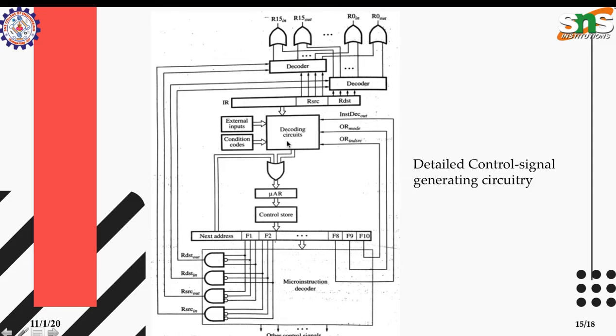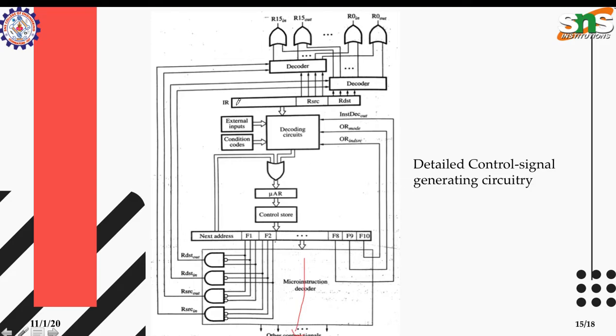Okay, and initially the address is given by the instruction register, and that is given as an input to the micro address register. The micro address register will identify the micro instruction from this control store, and this micro instruction is used to generate the respective control signals to execute this instruction.